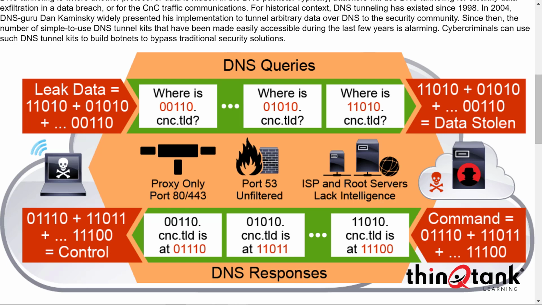So given the fact that this type of attack has been around forever, how do we protect against it, right? Well, before we can do the protection, we need to be able to identify that it's actually happening. Again, the whole concept of DNS tunneling is that it abuses the underlying DNS protocol.